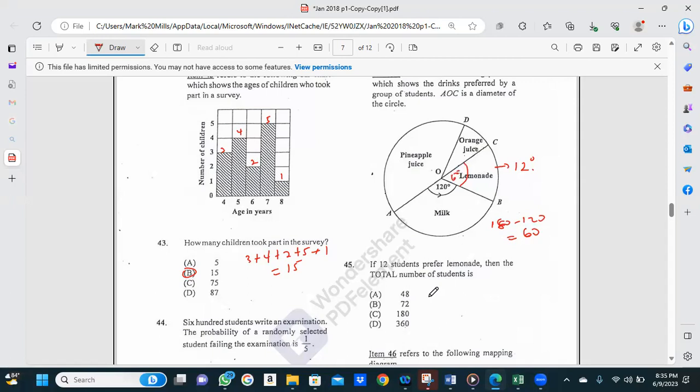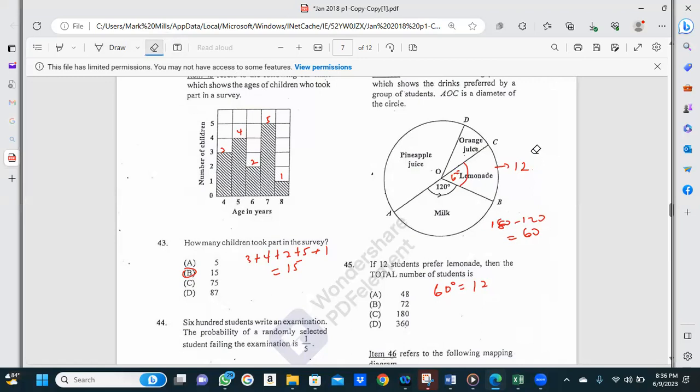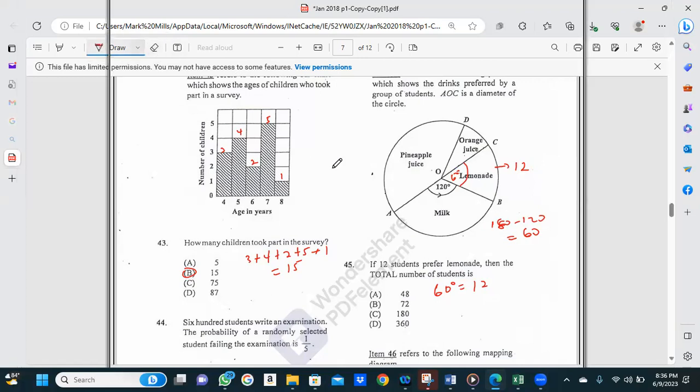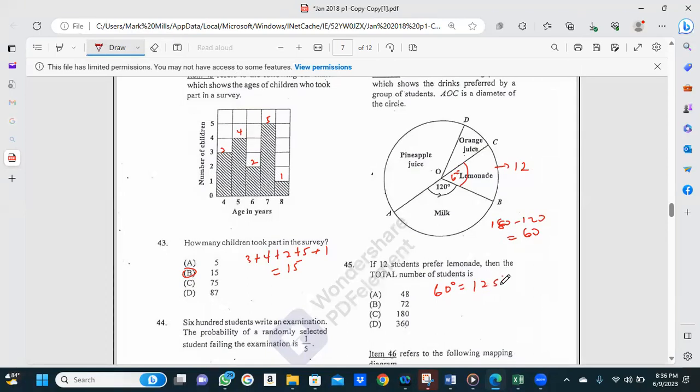So I'm going to say that 60 degrees will give me 12 students, right? Therefore, 360 degrees, which is the total, will give me x.